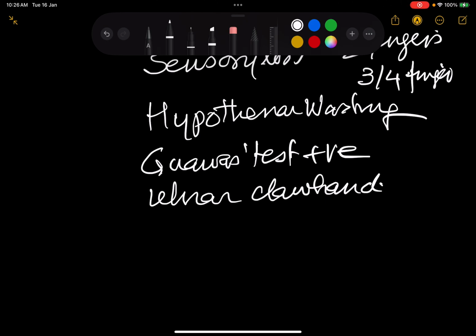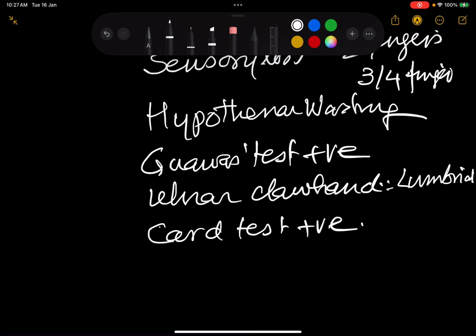Which is a deformity, but you can basically say that the MP flexion and PIP DIP extension is not possible because that's the function of lumbricals. Then you can say palmar and dorsal interossei involved, card test positive.